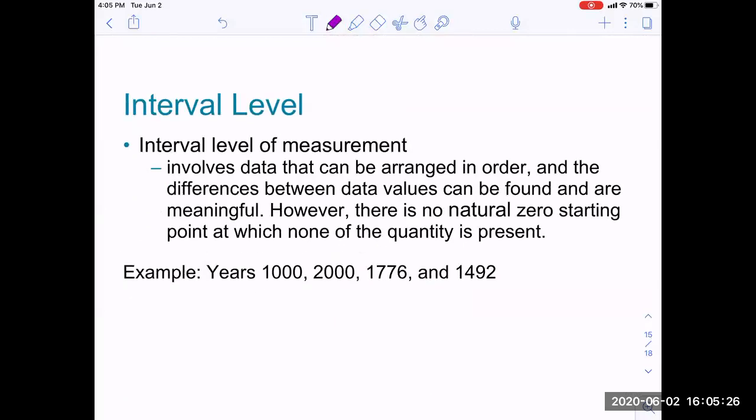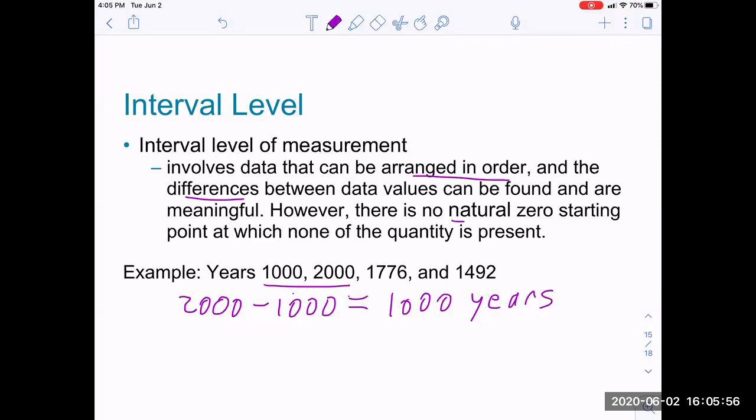Interval level. Let's see. They're arranged in order, so definitely I'll look at these two. So there's year 1000, year 2000. So the differences between them, now those aren't the best ones, but if I did 2000 subtract 1000, I can say there's 1,000 years between them.